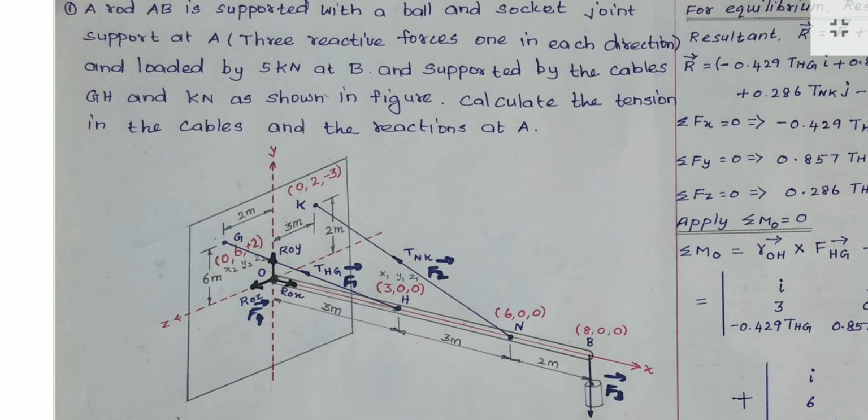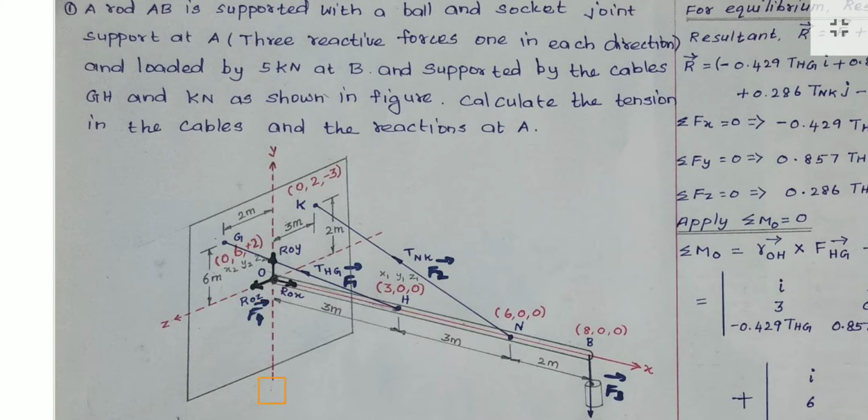While solving this, we first have to find the coordinate points, then we can find the force vectors and solve it easily. Coordinates of all the points. Here the x axis is here, the y axis is the upward axis, then the z axis.